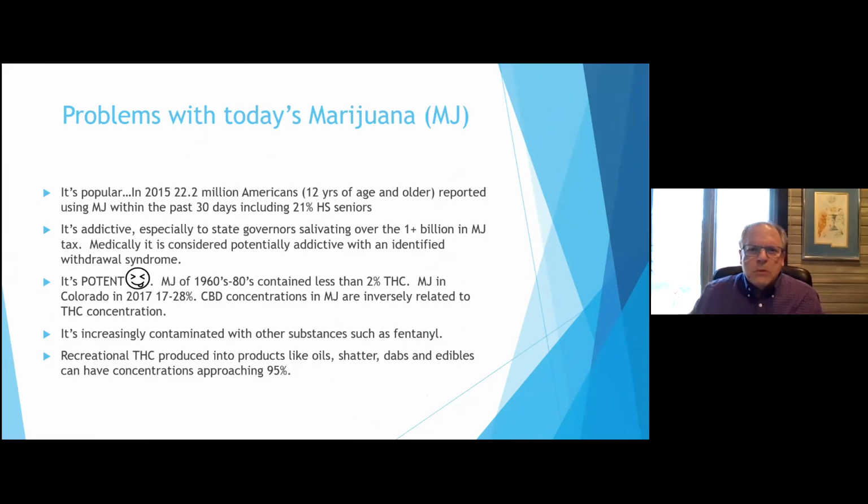So what are some of the problems today with marijuana? Well, number one, it's extremely popular. In 2015, a study was done which estimated that there were 22.2 million Americans, 12 years of age or older, who reported using marijuana within the previous 30 days. And that included 21% of high school seniors.